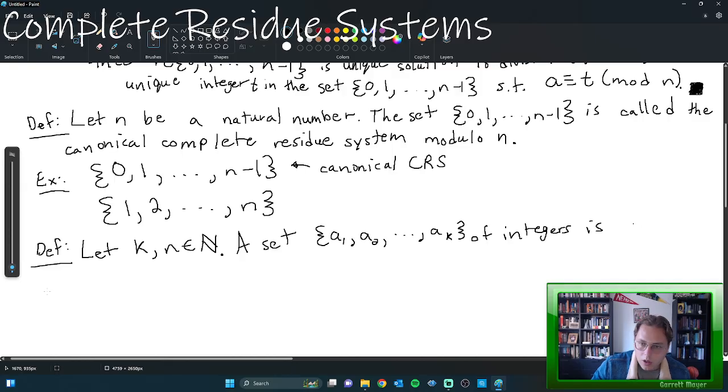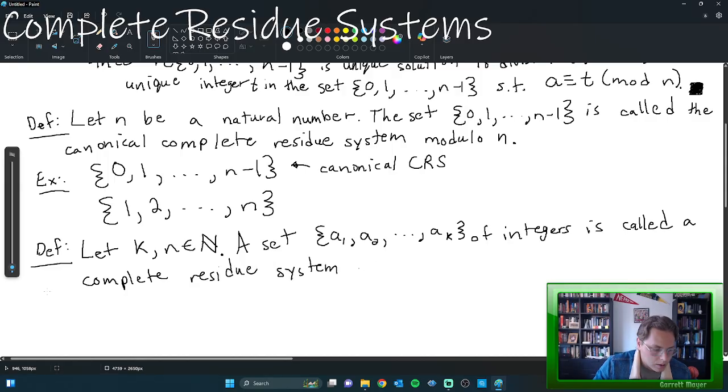A set of integers is called a complete residue system. Okay, and that's going to be the last time I write out fully complete residue system. I'm going to start writing CRS from now on.